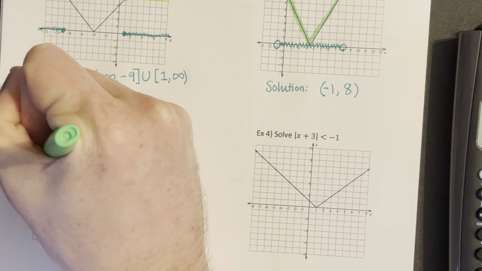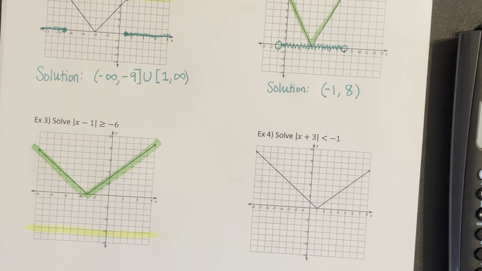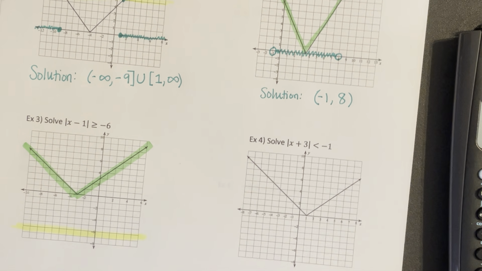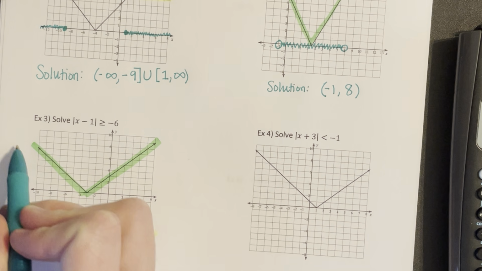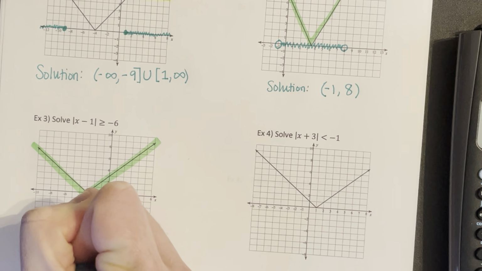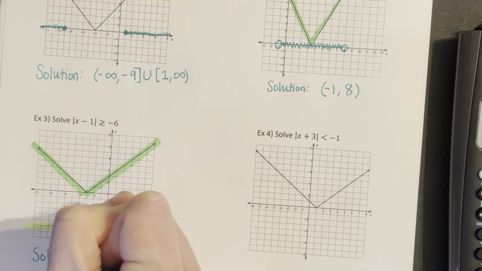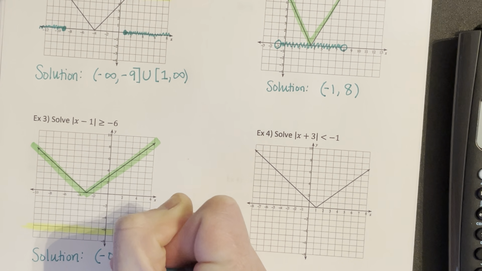But it's greater than negative 6 for all of those values. It's always going to be above negative 6. So when we think about it graphically, it shows all of the solutions to be all real numbers. So we would write that in interval notation, negative infinity to infinity.